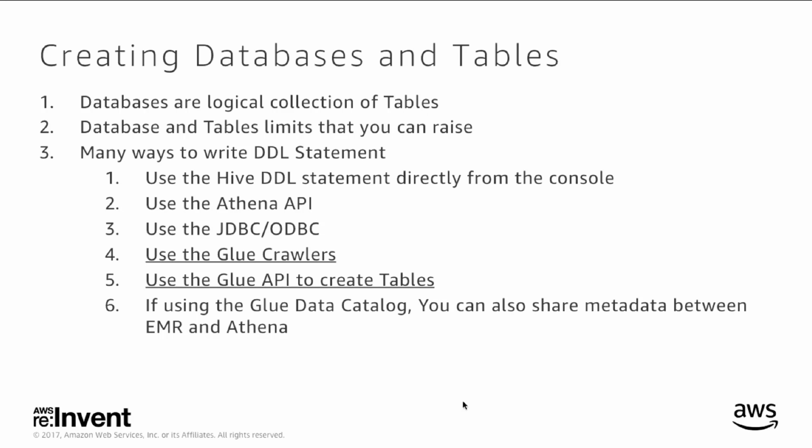In addition, you can use the Glue APIs to create the tables themselves. That simplifies the process and gives you slightly better performance when it comes to a large number of table creation or table modification operations. So if you are in a region where Glue is available as well as Athena, using the Glue Data Catalog API to update and modify your table information is much more efficient and much more recommended.